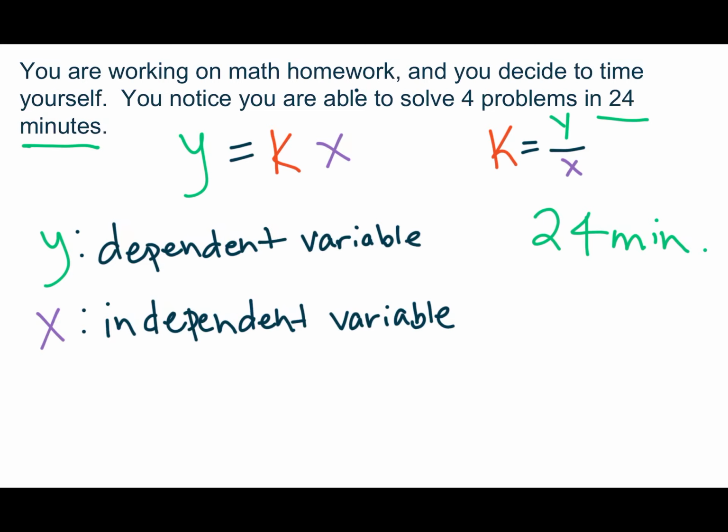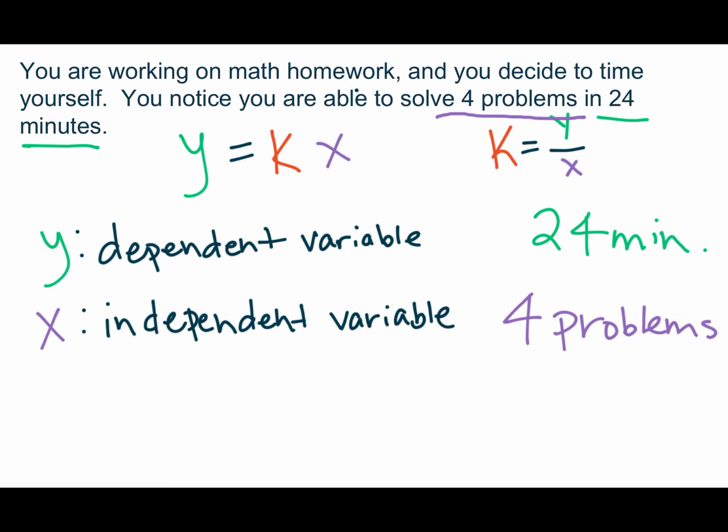Now our x is what we call our independent variable. So in this problem, our independent variable is the number of problems that we're working. Now, this may seem a little confusing because you may think, well, maybe I work some problems faster than the other, or maybe I have more problems of homework that are difficult one night and some problems that are easier another night.